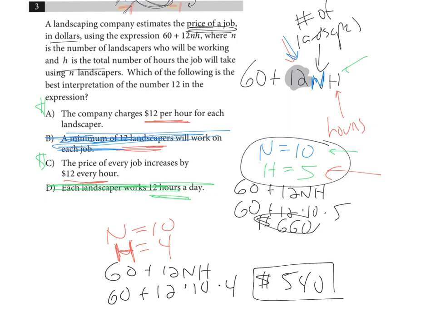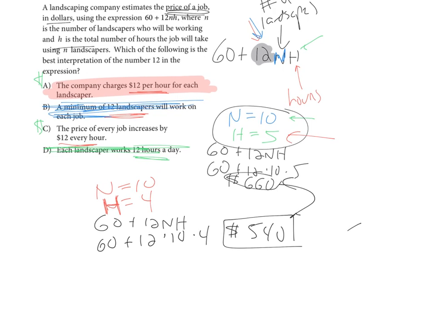Here the answer is going to be letter A. The company charges $12 per hour for each landscaper, because what we have is a difference of $120, right? The job, if they worked 5 hours, was $660.